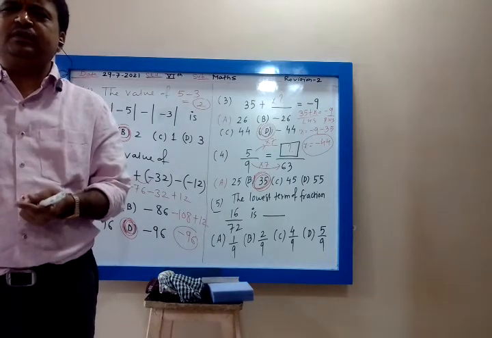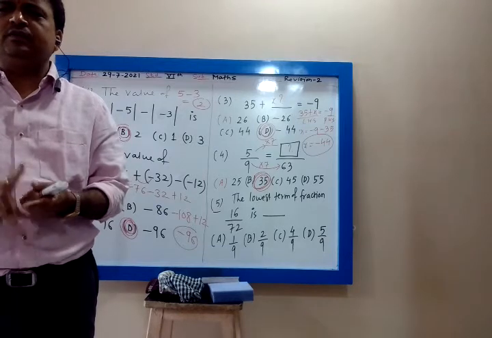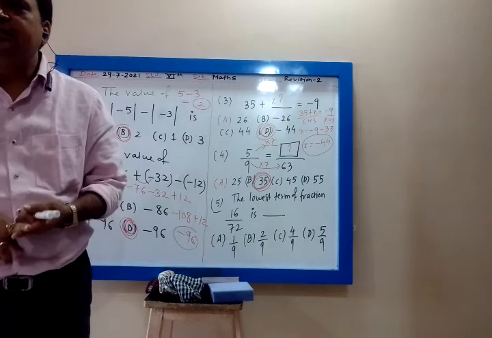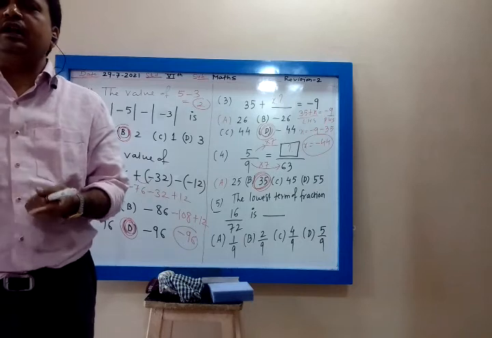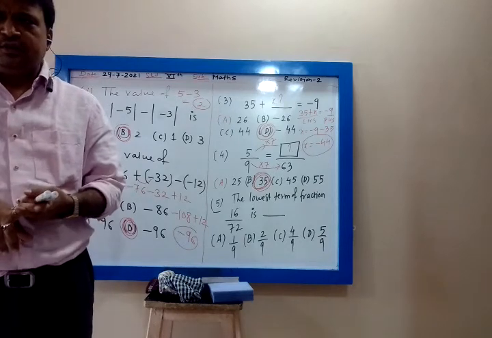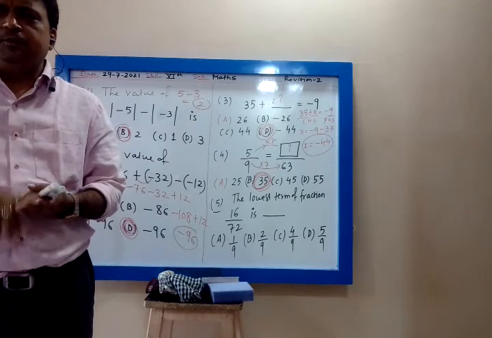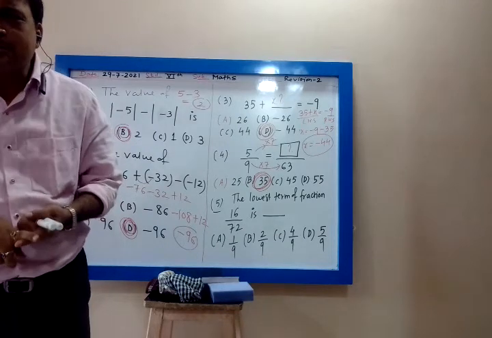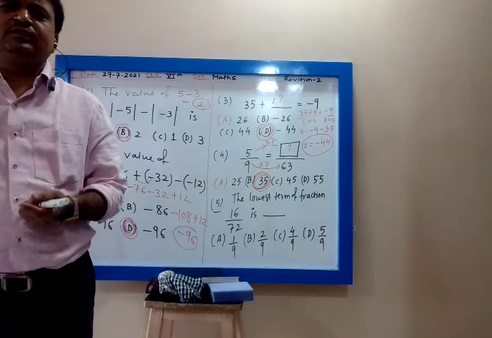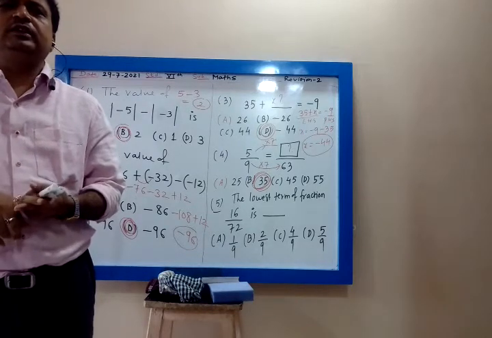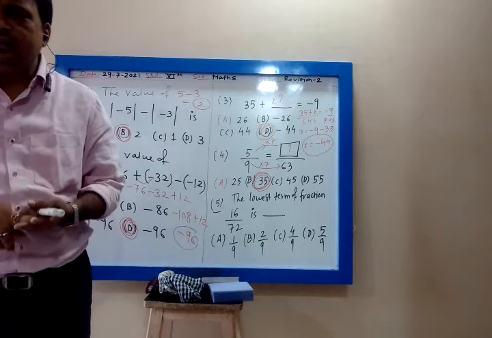Anybody else? One by one you tell me your name. Pavitra, 2 upon 9. Okay. Arav, 2 upon 9. Chalo. Diksha, 2 upon 9. Swara, 2 upon 9. Okay. Sia and Dars, 2 upon 9.